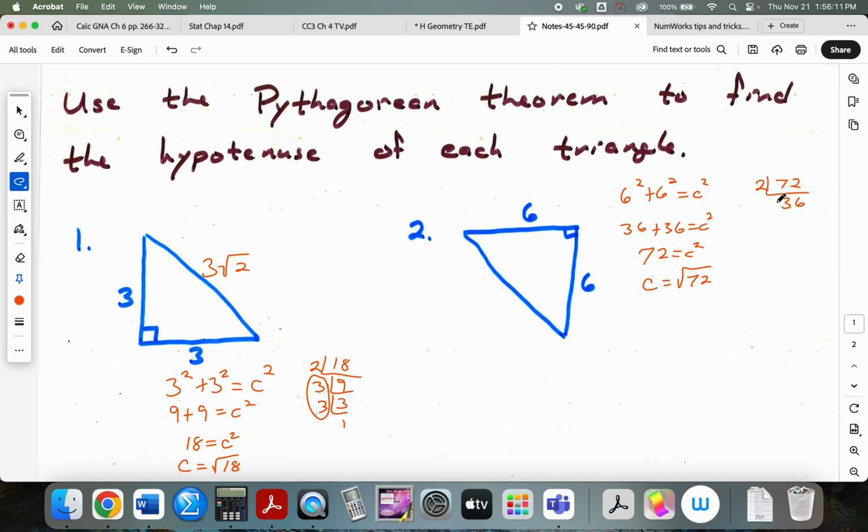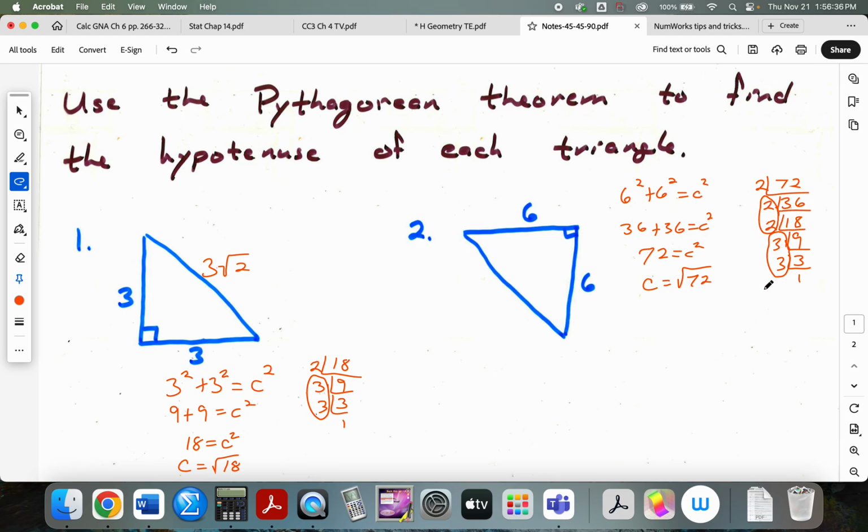2 goes into 72 36 times. 2 goes into 36 18 times. 2 goes into 18 9 times. 9 is divisible by 3. 3 goes into 9 3 times, and 3 goes into 3 once. So we've got the square root of 3 times the square root of 3 is 3.